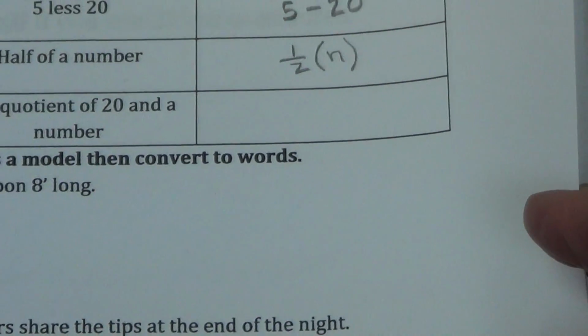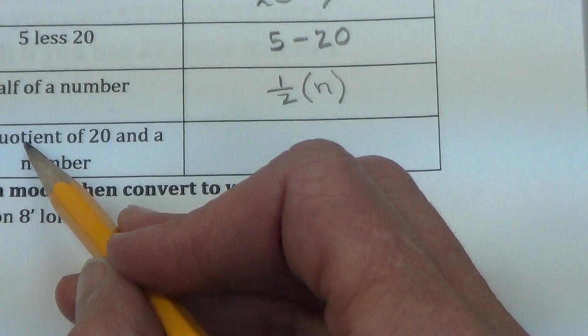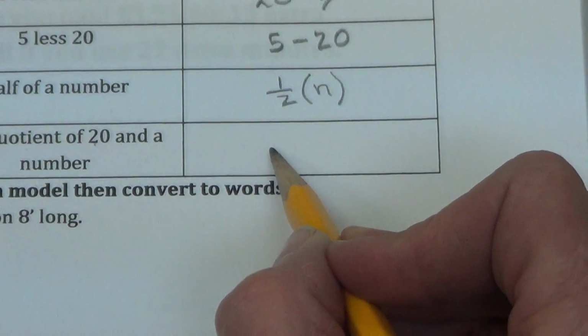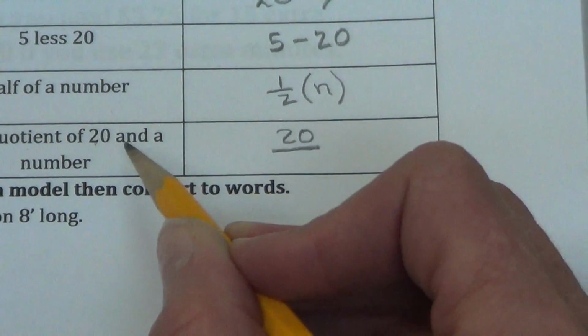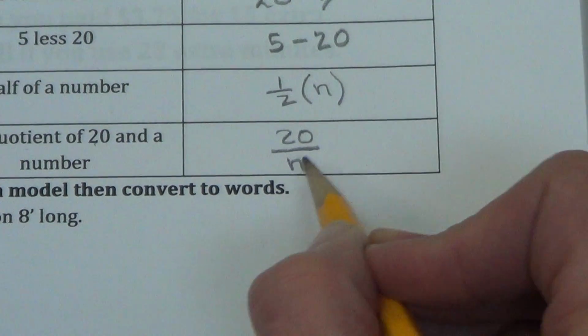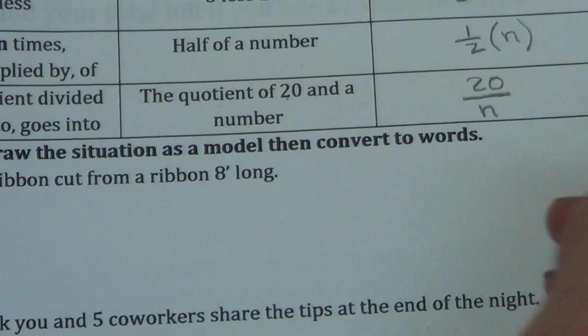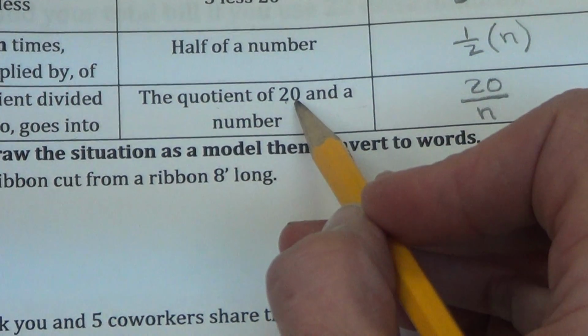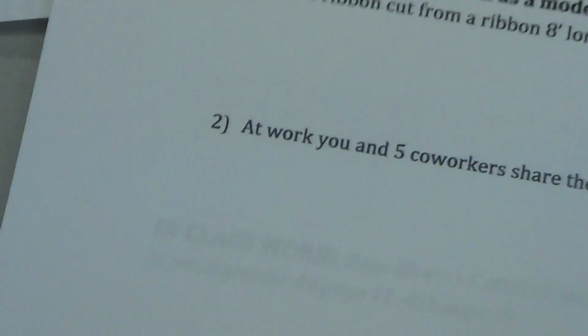The quotient of 20 and a number puts the 20 on top and the number on the bottom. It really is specific to the order that it's read in. So if it had the quotient of a number and 20, the n would go on top.